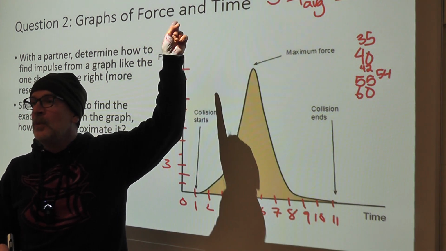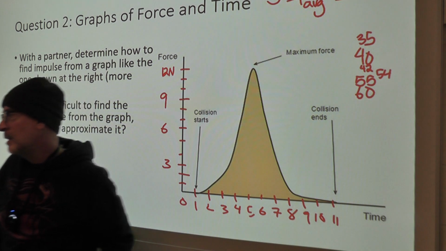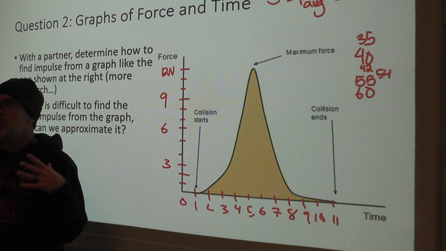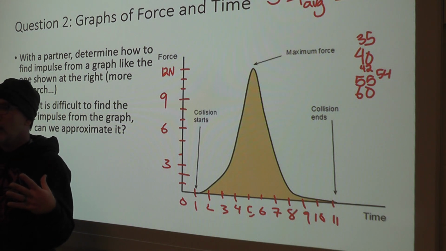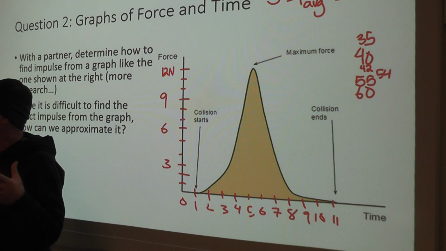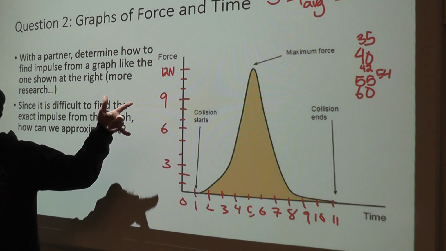What did we do with the velocity versus time graph? Does anybody remember the trick we used? Find the area under the curve. We made shapes, yeah. And we weren't using geometrical area. We didn't care how long or how wide these things were in inches or centimeters or feet or yards. We used our axes as our measurements.